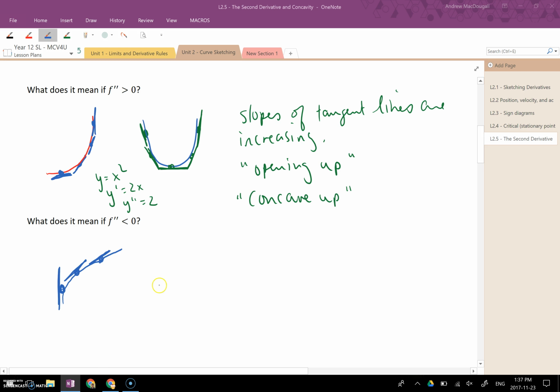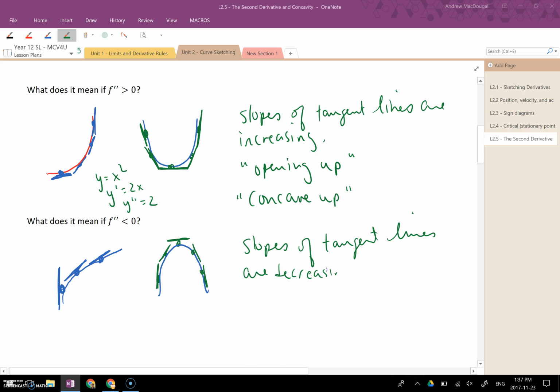Or maybe it starts off positive, decreases all the way to 0, and then goes negative. So in this case, the slopes of our tangent lines are decreasing, and we call this opening down, or we say the graph is concave down.